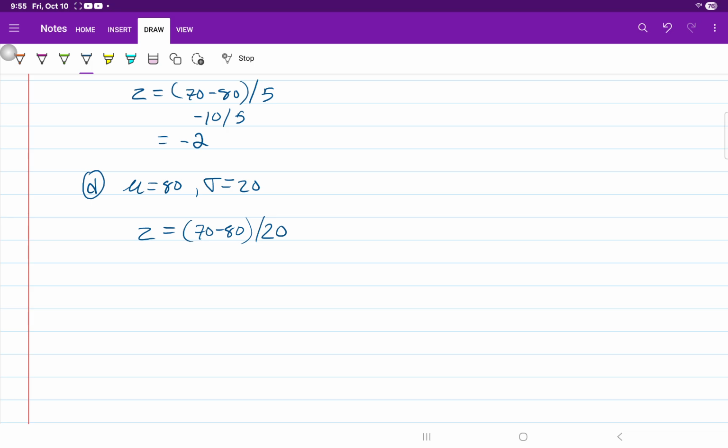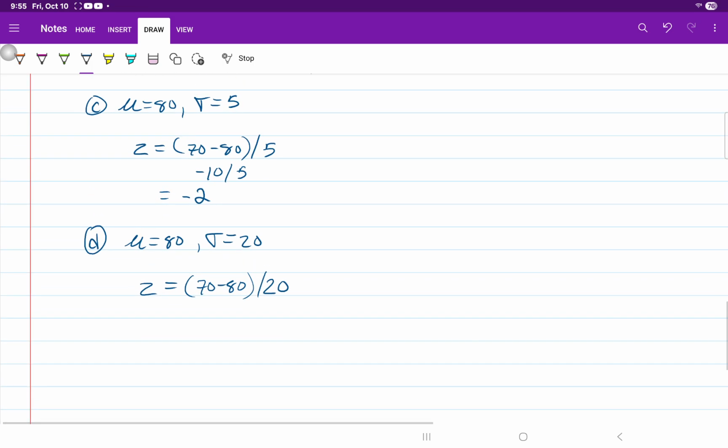You think it's going to be better or worse than in class C? Well, it's still going to be below the mean. You can't avoid that. But a lot of people scored below the mean. Negative 10 divided by 20, and that's going to give us a z-score of negative 0.5. So yeah, you did worse than the class average, but there was a lot of spread, so you were not as much of an outlier in this particular instance.